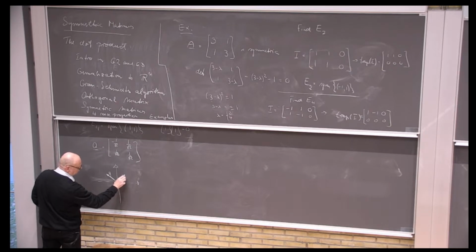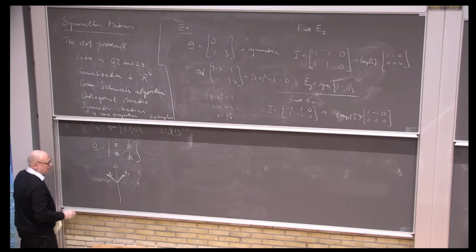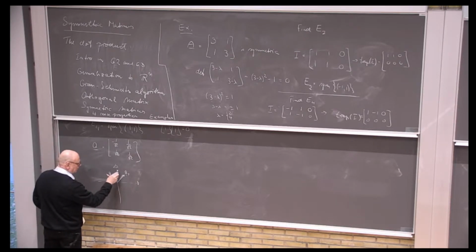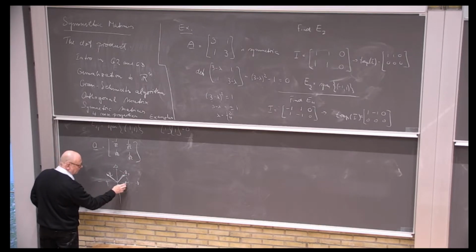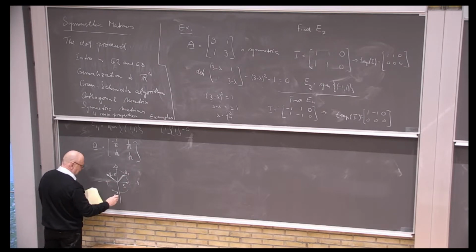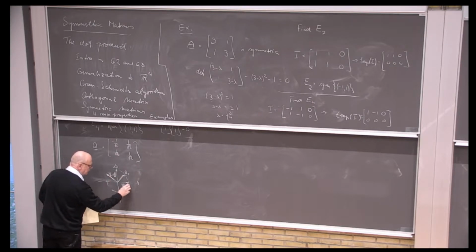This Q2. And then let me draw the unit circle like this. And then you have the standard basis, you call it i and j. These are these two vectors.